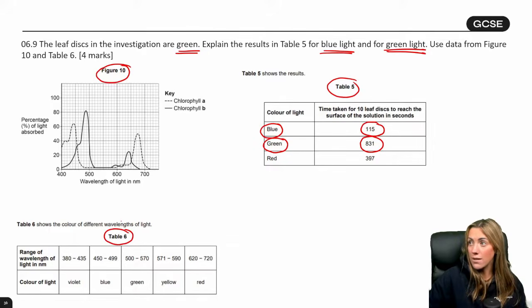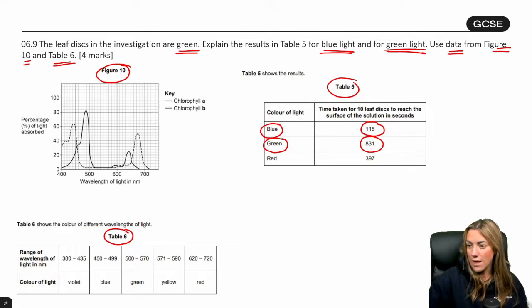It's 4 marks. We know we've got to use all pieces of information, table 5, figure 10, and table 6. We've only got to think about blue light and green light, but we do have to use data from the graph and the table. Okay, so let's have a go. Blue light and green light.